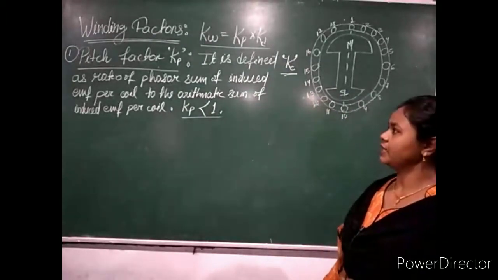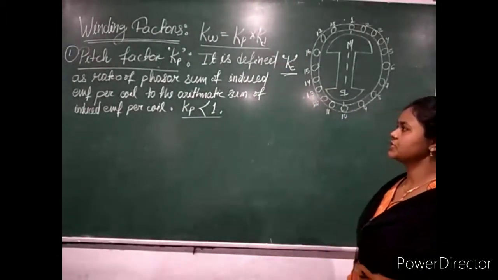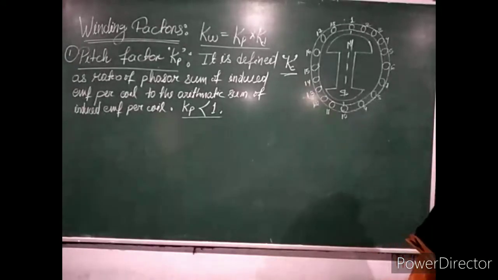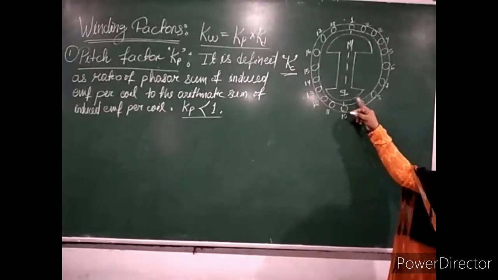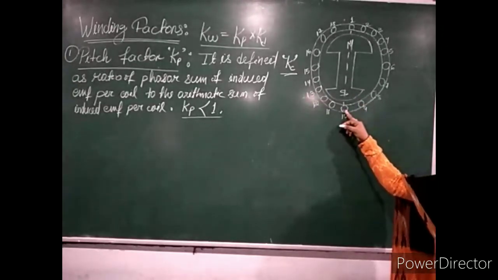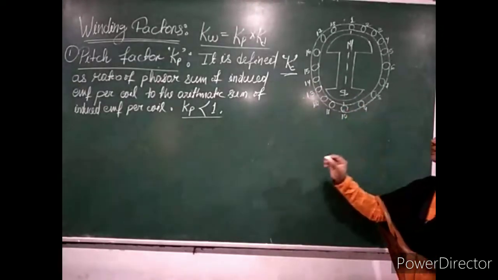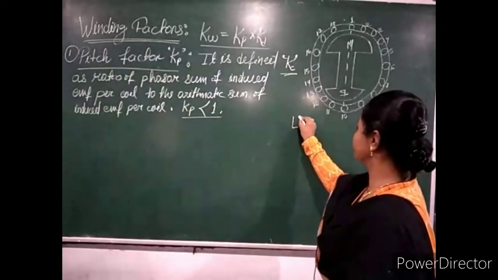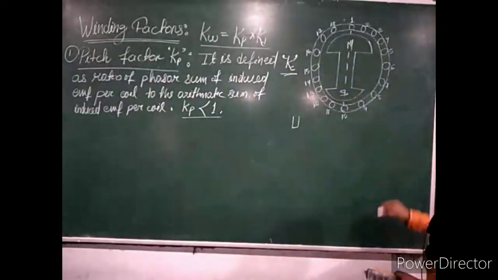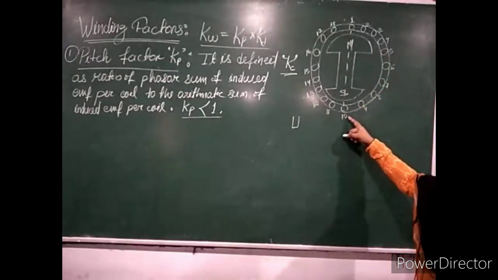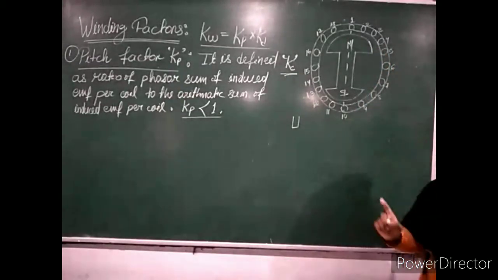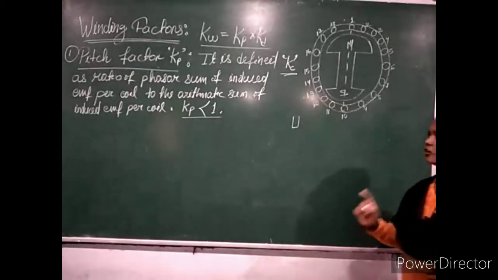For deriving the phasor sum of induced EMF and arithmetic sum of induced EMF, first I take one example of a synchronous machine which has 2 poles in the rotor and 18 slots in the armature. Here, in between slot 1 and 10, I take one coil.